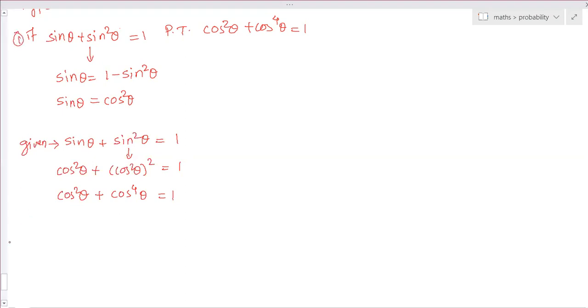This is question 12. If x is equal to a sine theta, y is equal to b tan theta, then prove that a square by x square minus b square by y square is equal to 1.